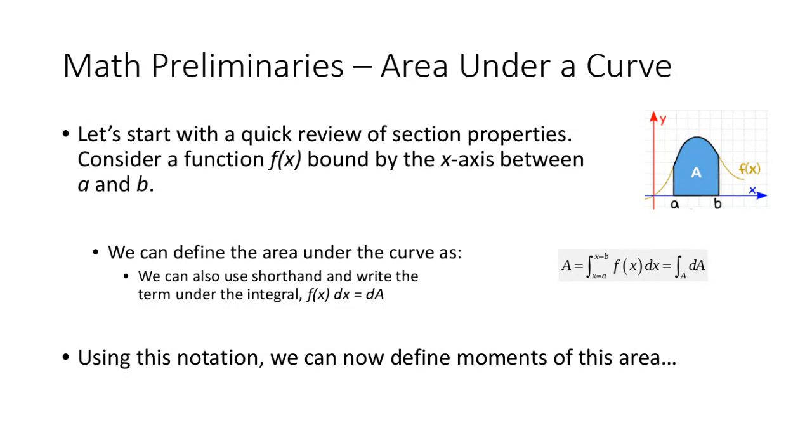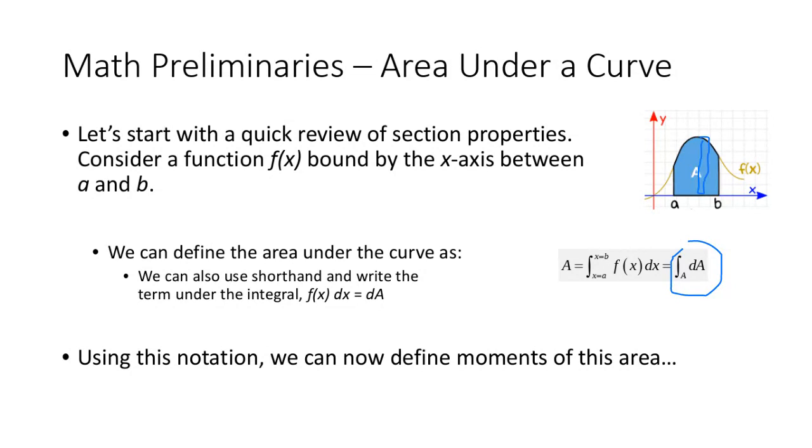Now, one of the things I'm doing here is writing this in a shorthand fashion in some of these slides, and I'm going to use this notation here. It's just the integral over some region of dA. The idea behind that is, remember, when you're doing integrals, you're summing up those little tiny rectangles across the region.